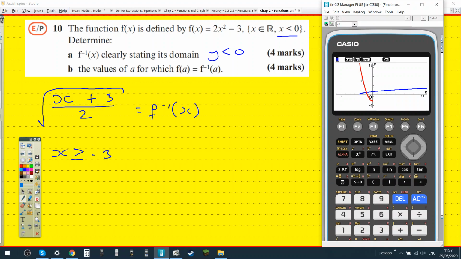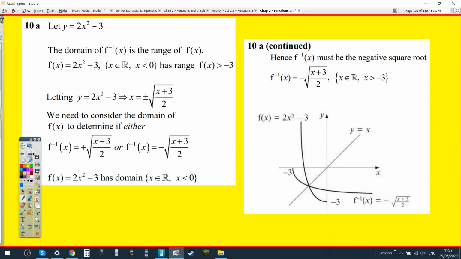Yeah, x is less than 0, so that's what that looks like. Is that a reflection in y equals x or something? Feels like something's wrong. Let me check. The domain has a range of f of x greater than minus 3. Hang on. Oh, this isn't continued.